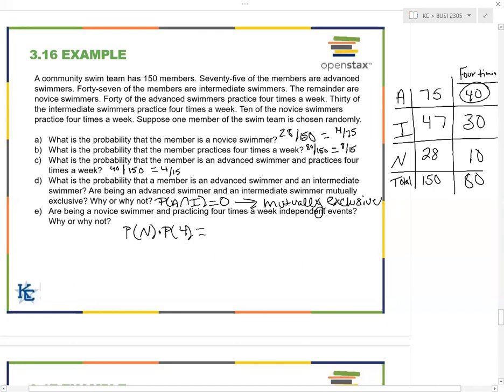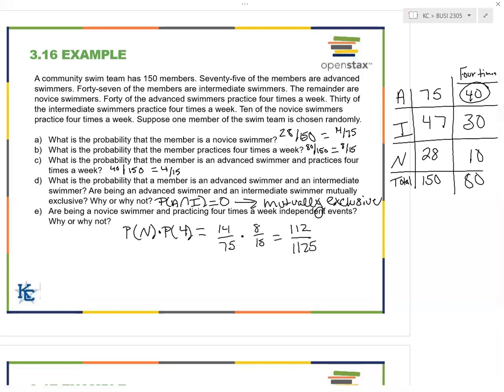We found both of those values, right? So that was 14 over 75 times 8 over 15, which equals 112 over 1125. You do top times top and bottom times bottom when you do fraction multiplication.